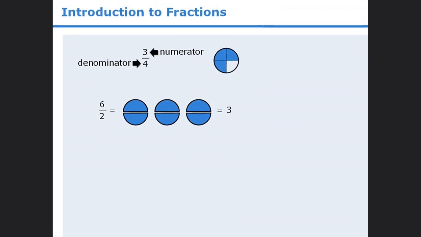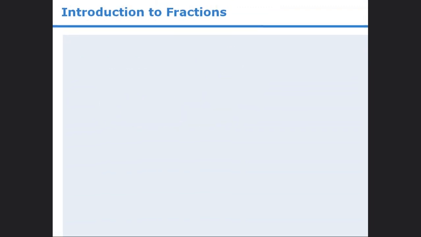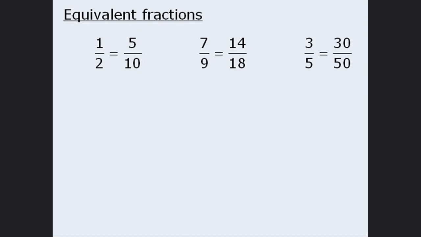Now, when working with fractions, it's important to know how to recognize and create equivalent fractions. Two fractions are considered equivalent if they represent the same value. So, for example, 1/2 and 5/10 are considered equivalent fractions, as are 7/9 and 14/18, as well as 3/5 and 30/50.